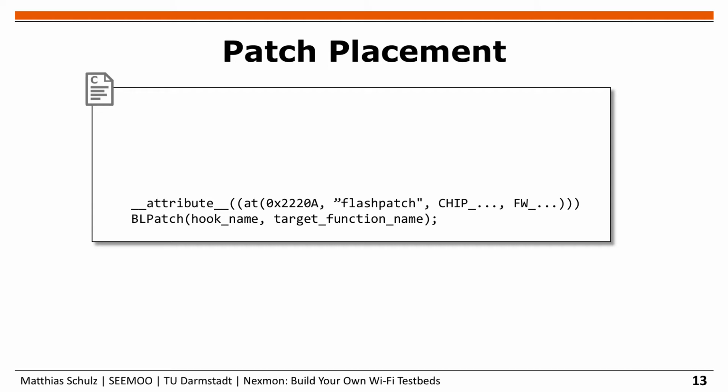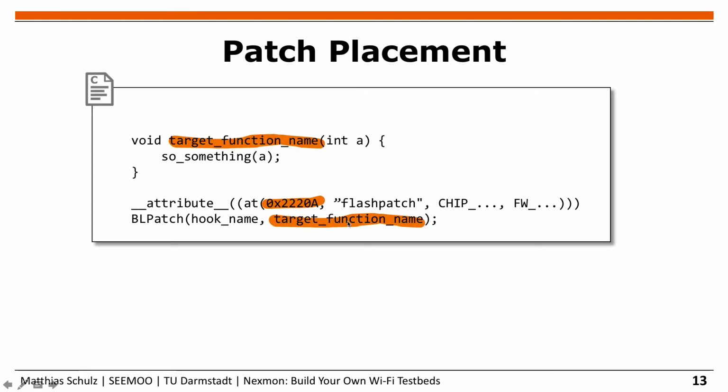Next thing is patch placement. So far I only told you how to place a very simple function or a simple instruction at a certain address. But what happens to the functions that you actually want to call, like this target function that we have here? This has no specific address where it should be placed.